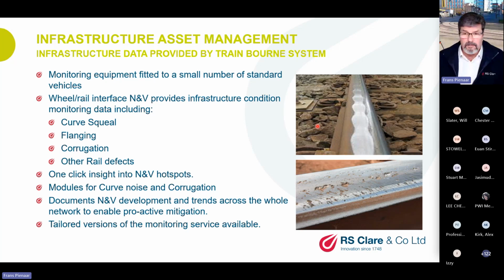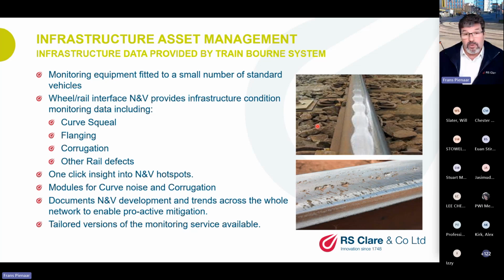This equipment will then enable us to monitor for curve squeals, flanging that's taking place, any corrugation that's taking place, or any other rail defects like I just mentioned. Maybe cracked rail or broken rail.